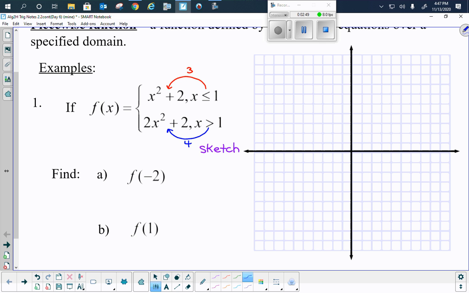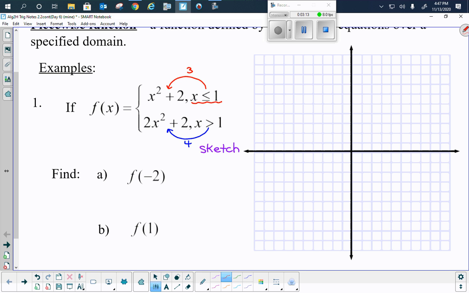Okay, so here we go. Let's go with the top equation that I used for the red. It's a parabola. y equals x squared plus 2 would be a parabola opening up, shifted up 2. Okay, so here we go. Notice it says x is less than or equal to 1.